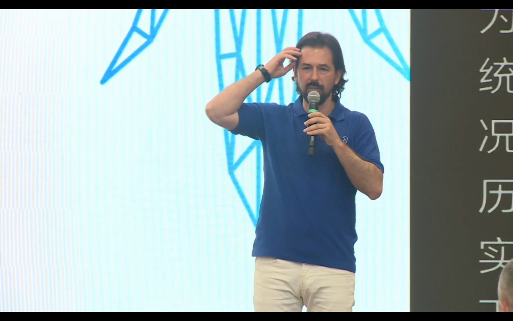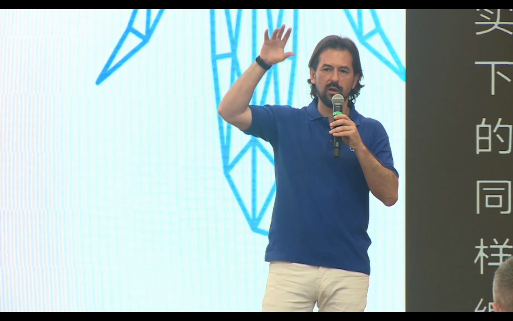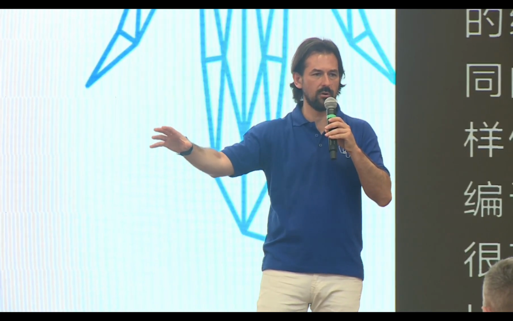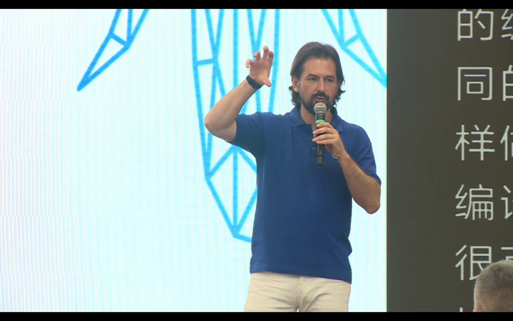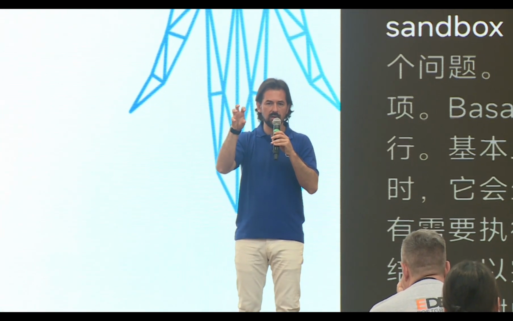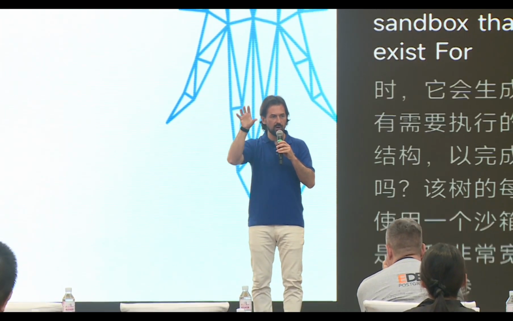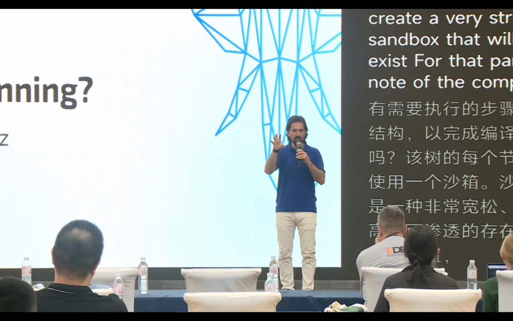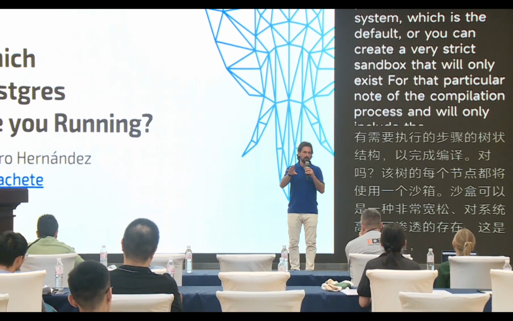Basically, when Bazel is compiling a project, it will generate a tree of all the steps it needs to do to produce a compilation. For each node of that tree, it's going to use a sandbox. A sandbox can be something very lenient, very permeable to the system, which is the default, or you can create a very strict sandbox that will only exist for that particular node of the compilation process and will only include the software you tell it to include.